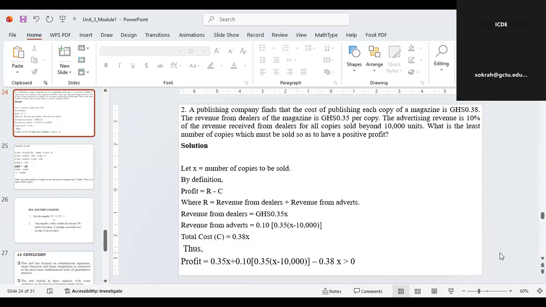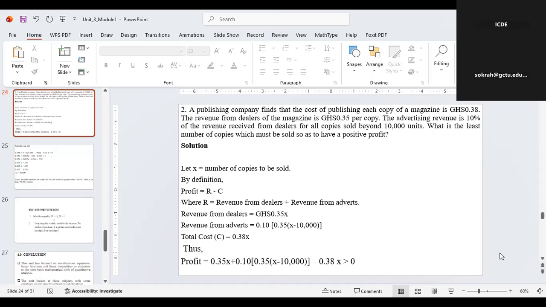All right. So the question says that a publishing company finds that the cost of publishing each copy of a magazine is 0.38 cedis. That is the cost of publishing a copy. Now, the revenue from dealers of the magazine is 0.35 cedis per copy.